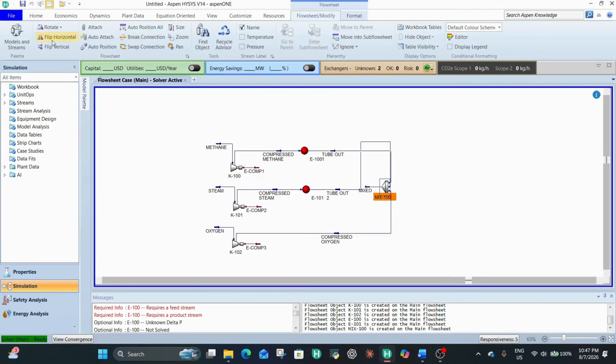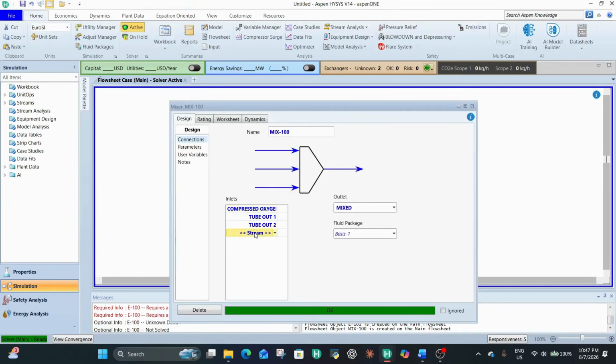Now flip. I think I need to properly put that. Delete. So 2 out 1 first, 2, 3.